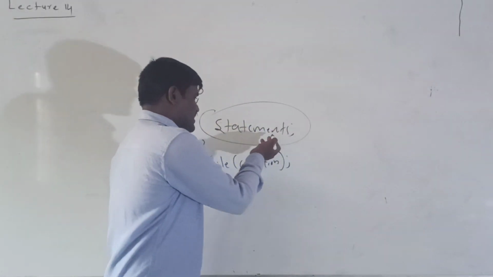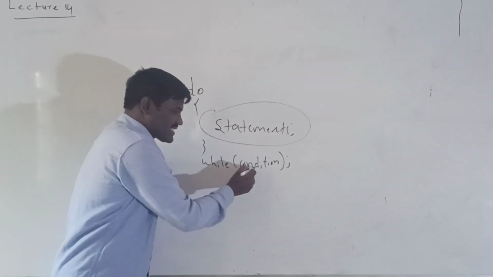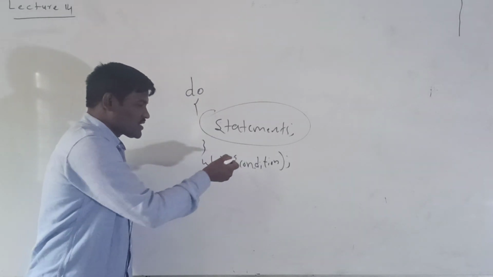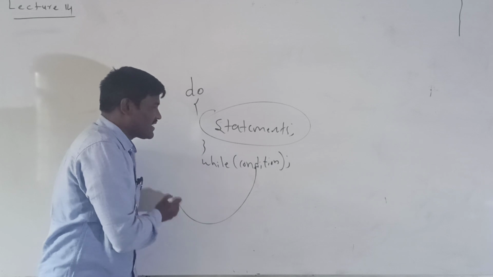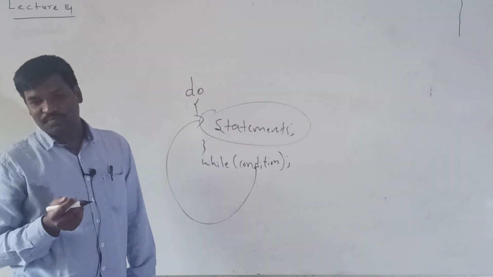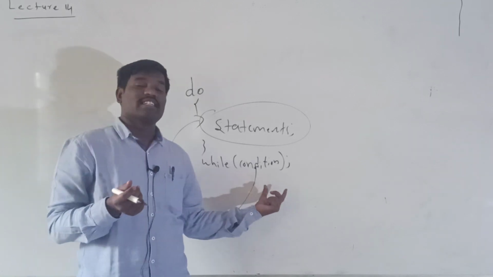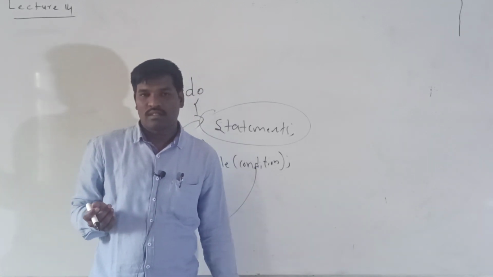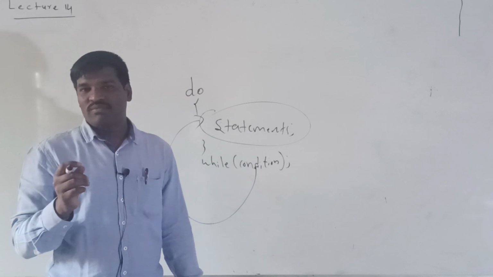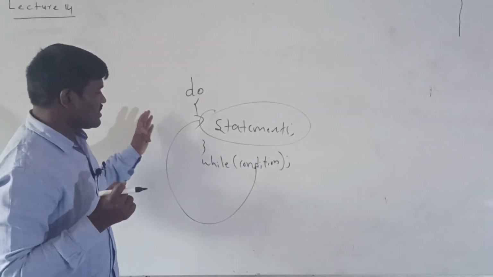After executing the statements it will check the condition. Suppose if the condition is true means again it will re-execute the statements. So this process will repeat until the condition becomes false. So this is the do while.